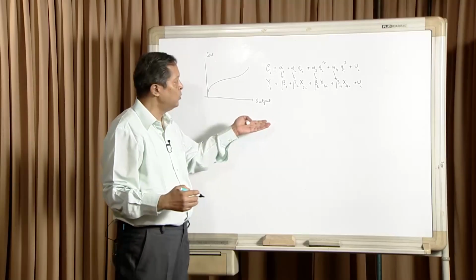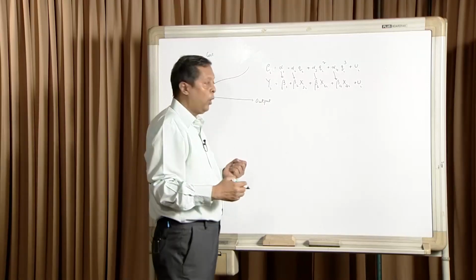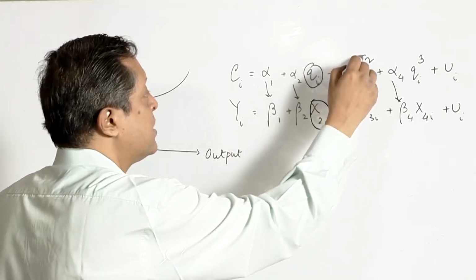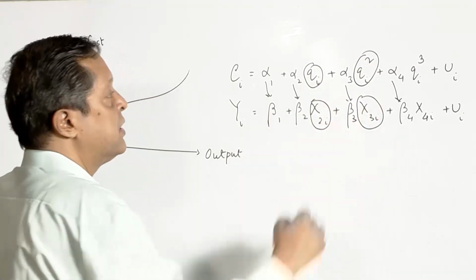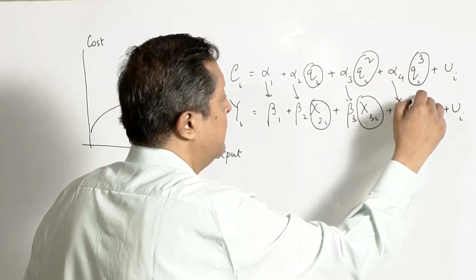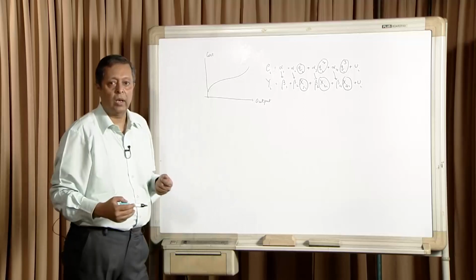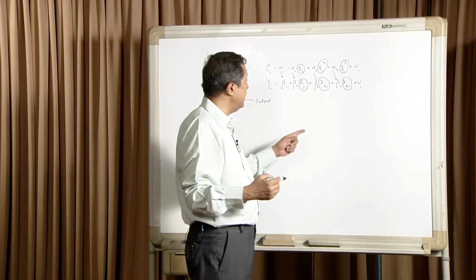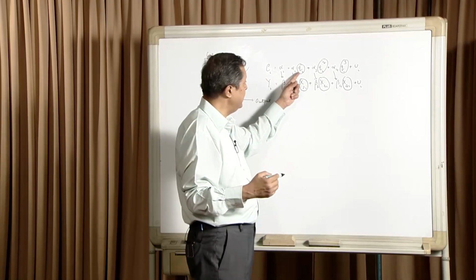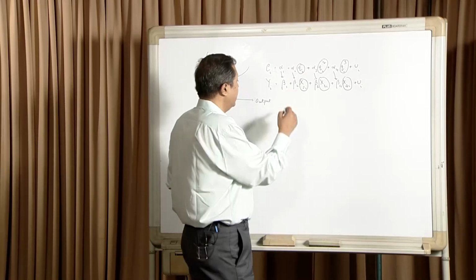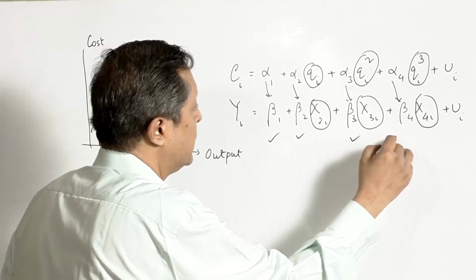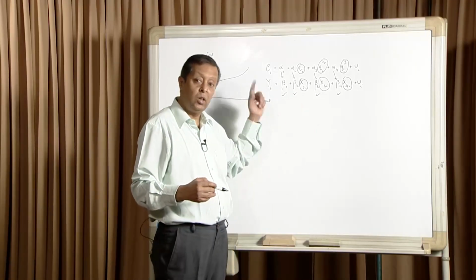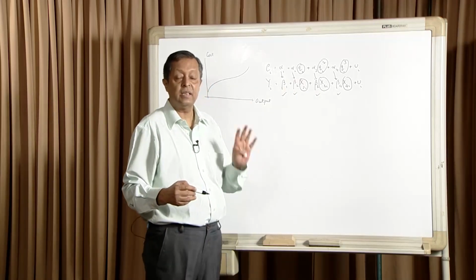We could have also written alpha, would not have made any difference, but the important point is Qi has become x2i and Qi square has become another variable x3i, Qi cube has become third variable x4i. So, that retains the character of linearity. It is not linear in the x's or not linear in the Qi's, it is linear in beta 1, beta 2, beta 3 and beta 4. The model is linear in the parameters, not linear in the variables. This is very important.